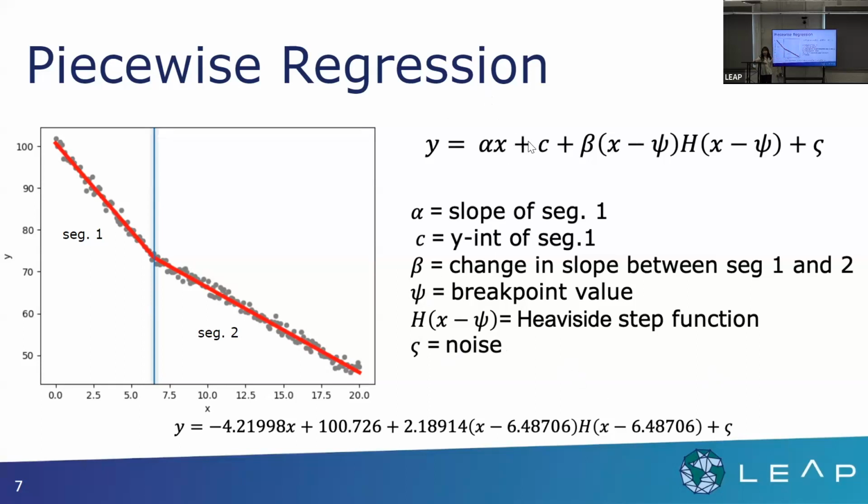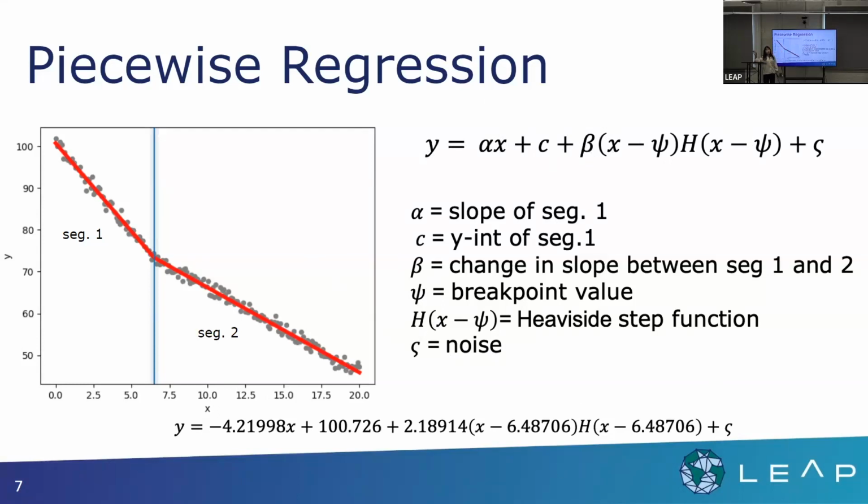It looks nasty, and it kind of is if you don't know what's going on here. But this part, y equals ax plus c, is really just y equals mx plus b, but for your first segment here on the left. Then to account for the second segment, you have this chunk here, the plus all that stuff. This first term, the beta, accounts for the change in slope between segment 1 and segment 2.